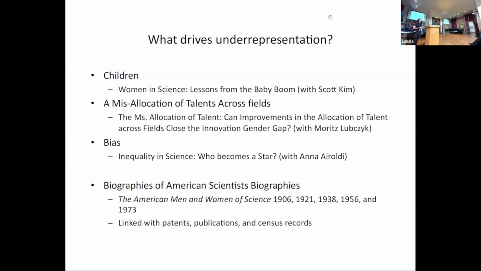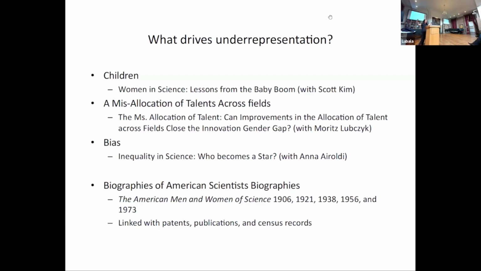All of these projects are connected to one massive data collection effort, which is collecting biographies of American scientists, both men and women, over a really long period of time.